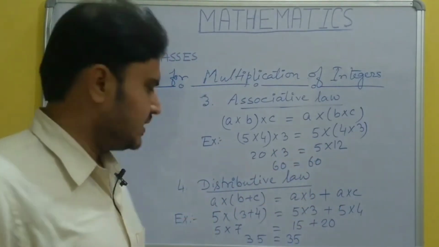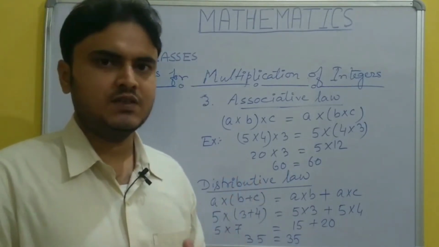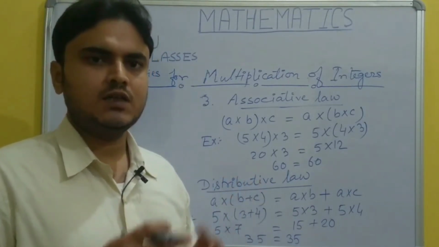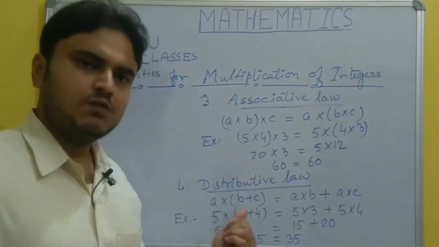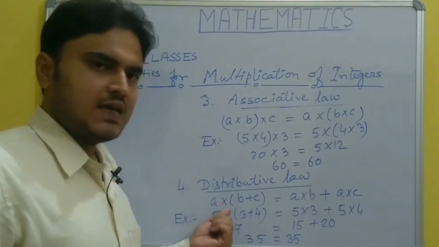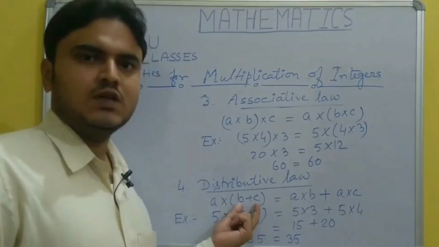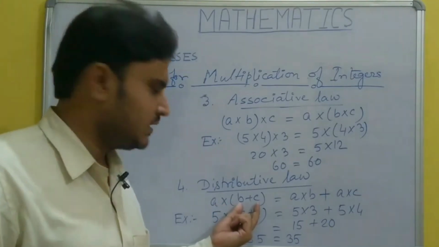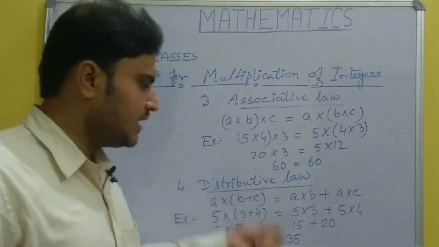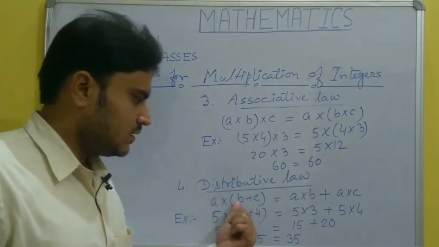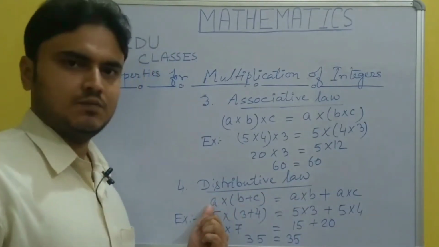And the next one is distributive law. For the addition it was not present there, but for the multiplication it is distributive law, a new law. For the distributive law, if we multiply the sum of two integer numbers with a number, then the result will be the same if we multiply the numbers separately with this number.